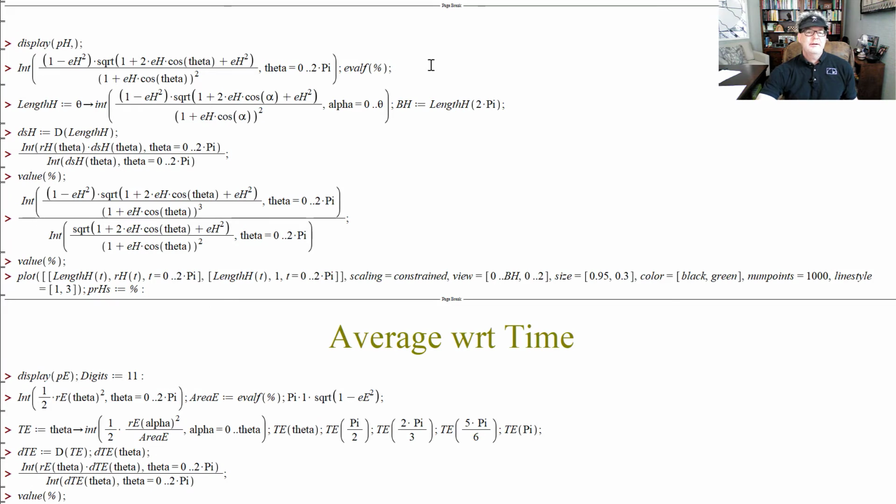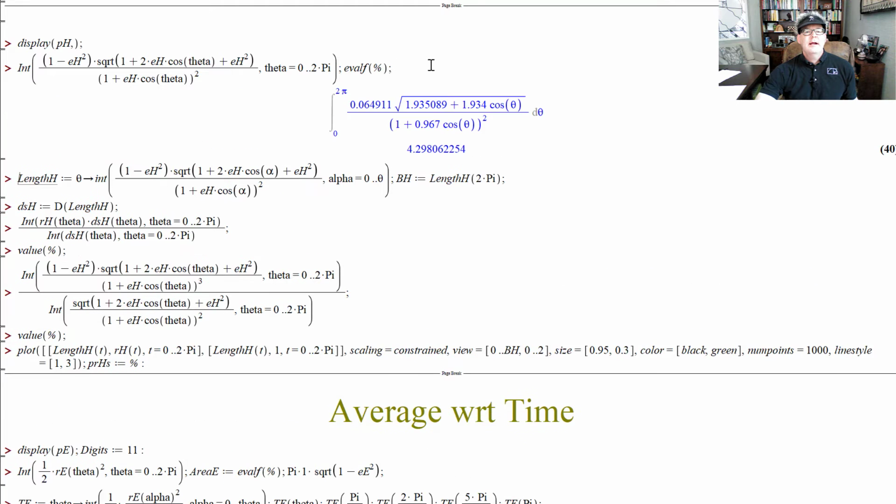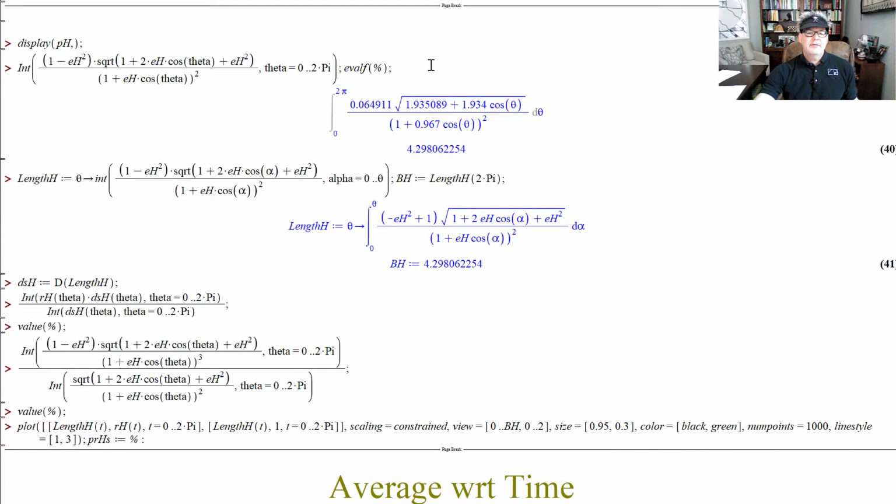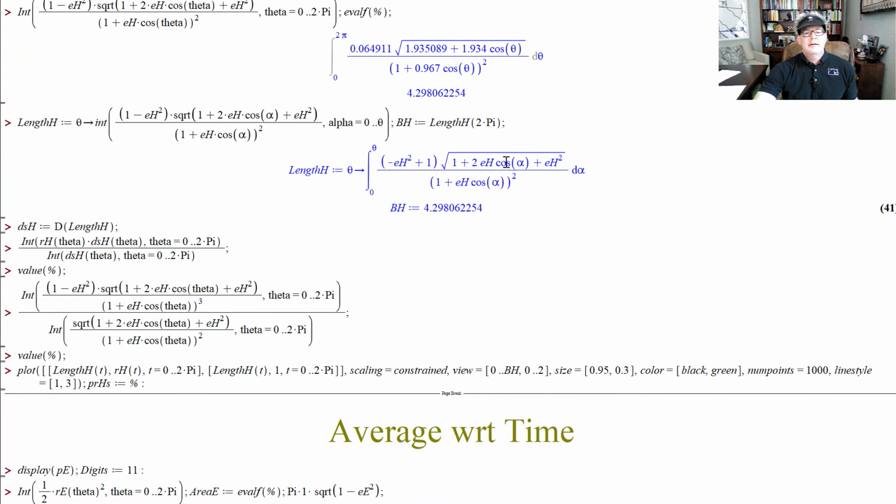And lastly, with respect to Halley's Comet's eccentricity, there's the arc length, about 4.3. So again, we're dropping pretty significantly from 2 pi. Notice 4 is kind of the minimum. If the major axis is 2, you have to go 2 across, back and forth.